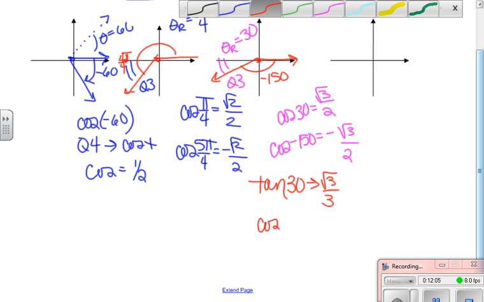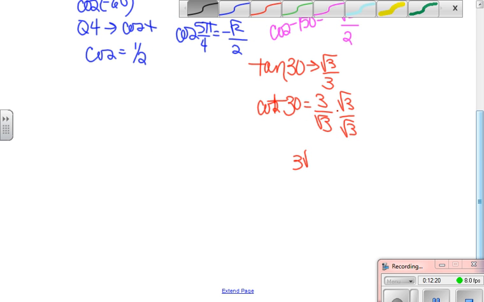Cotangent is the reciprocal, so the cotangent of 30 is 3 over square root of 3. I have to multiply top and bottom by square root of 3 over square root of 3. And so I end up with 3 square roots of 3 over 3. Those cancel, and I end up with the square root of 3.